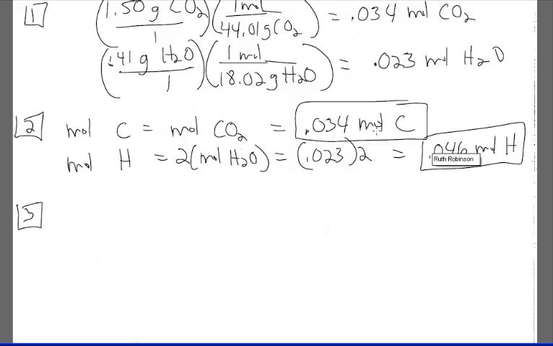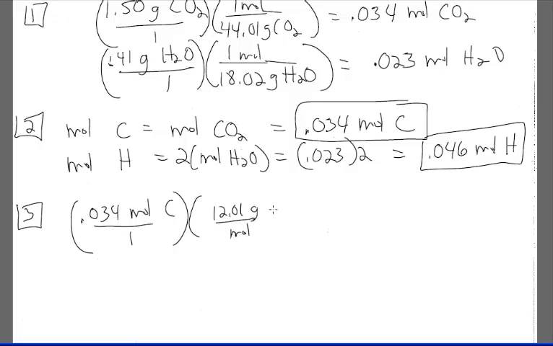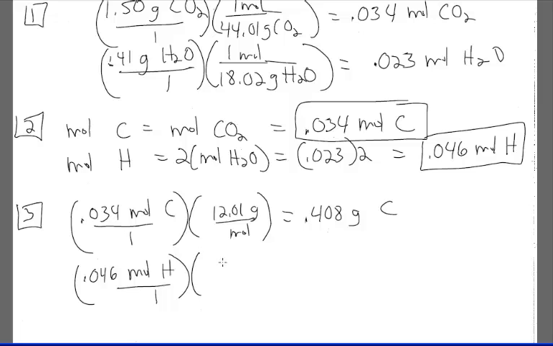So we got to convert these numbers back to grams of elements. 0.034 moles of carbon times 12.01 grams per mole gives you 0.408 grams of carbon. 0.046 moles of hydrogen gives you 0.046.